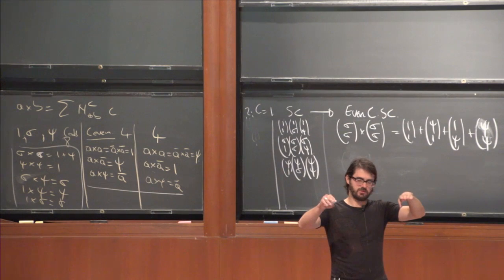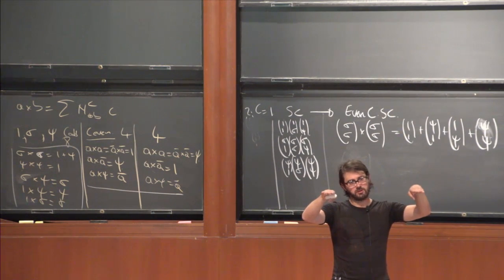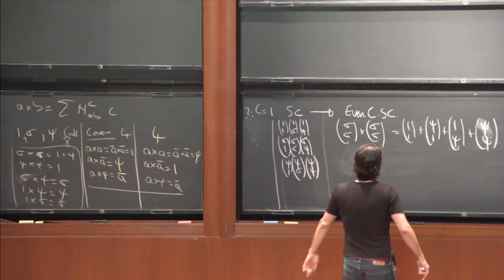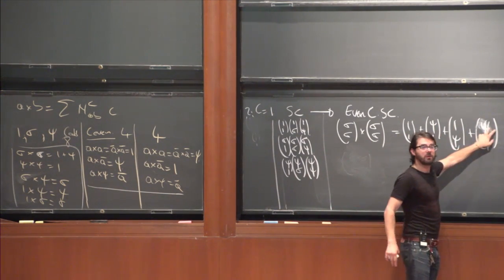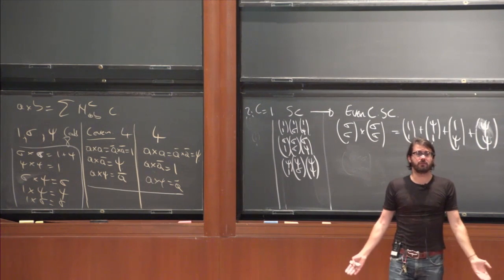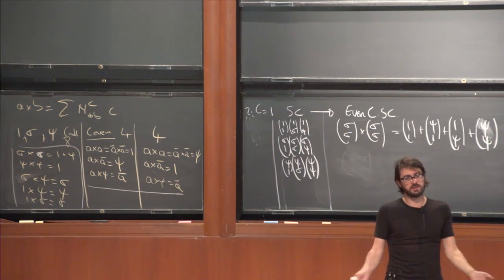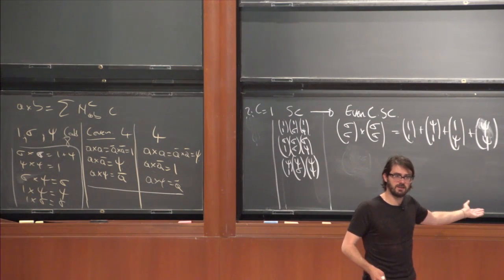That's right. So the 2 in the upper layer can either be occupied or unoccupied, and the 2 in the lower layer can also be either occupied or unoccupied by a Bogoliubov quasi-particle. So that's exactly what this is saying.